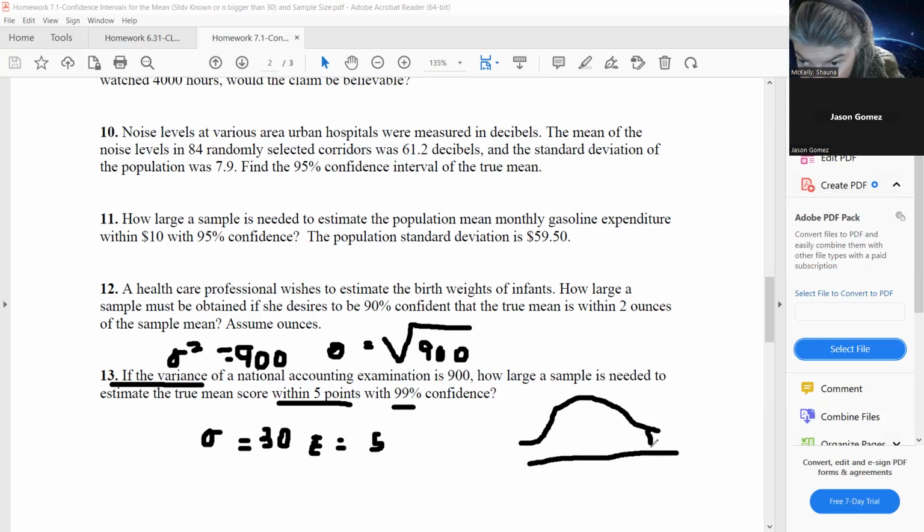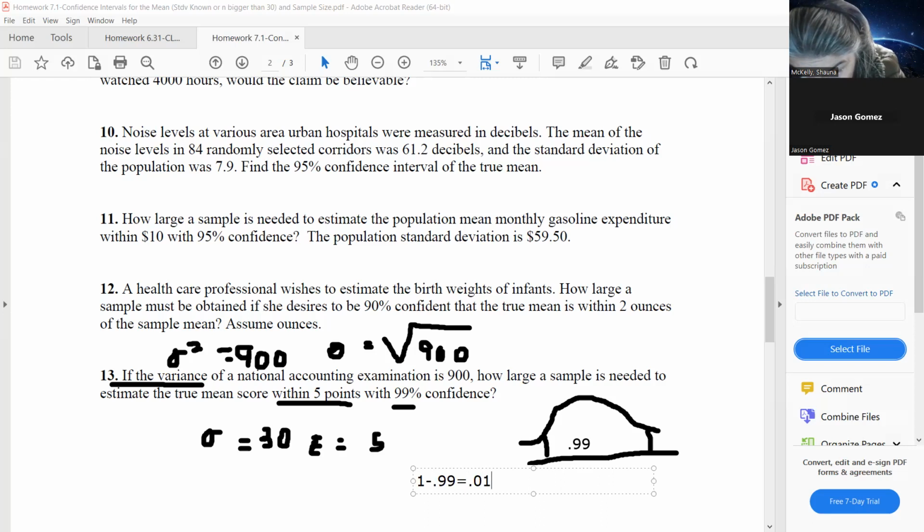So here's my interval. 99 is in the middle of it, so I need to find this area. You can either do the math in your head. This is where I got it from: 1 minus 0.99 is 0.01.